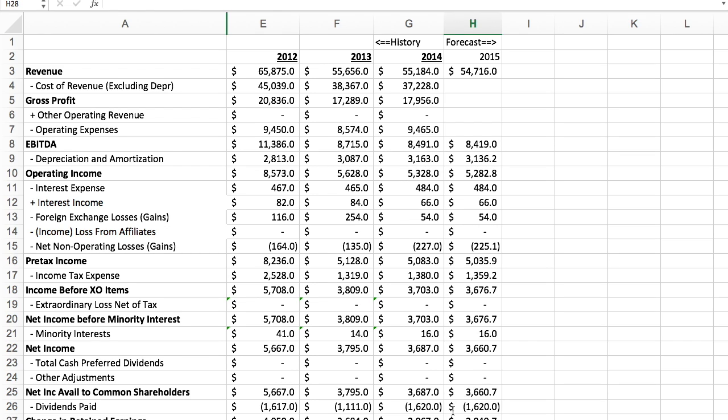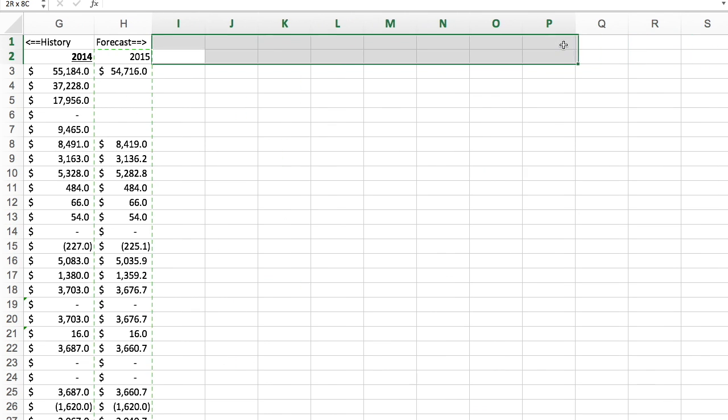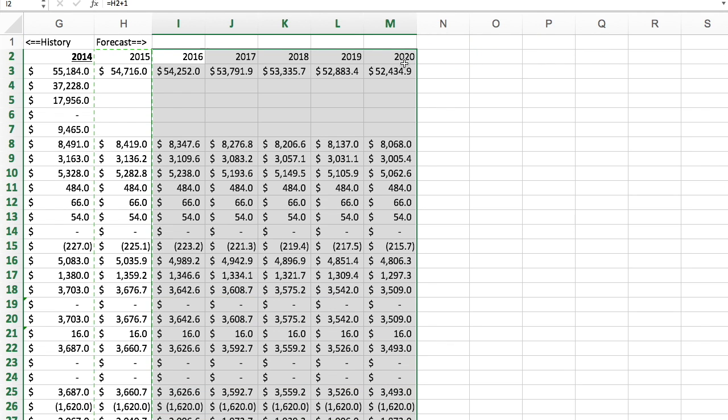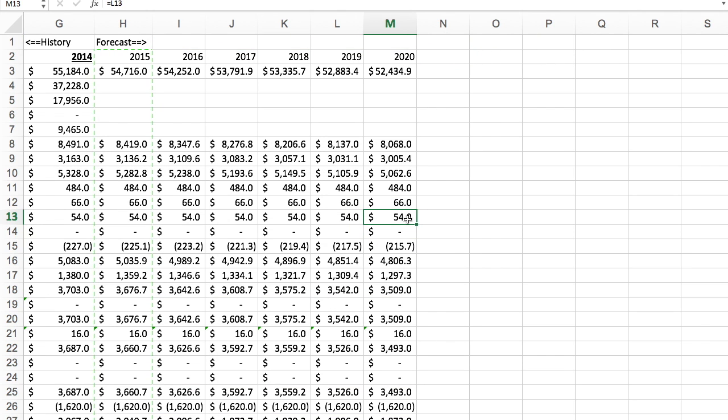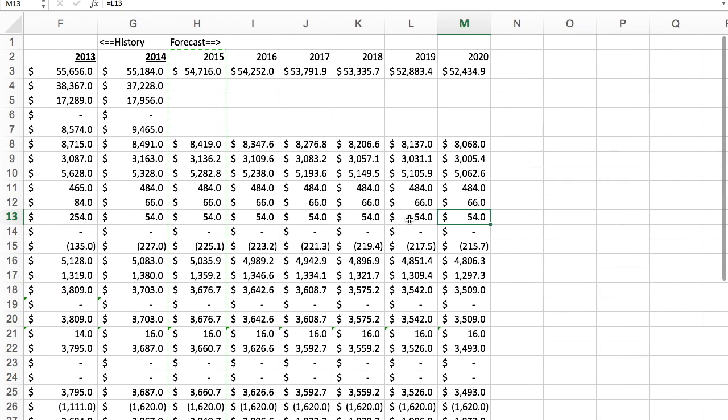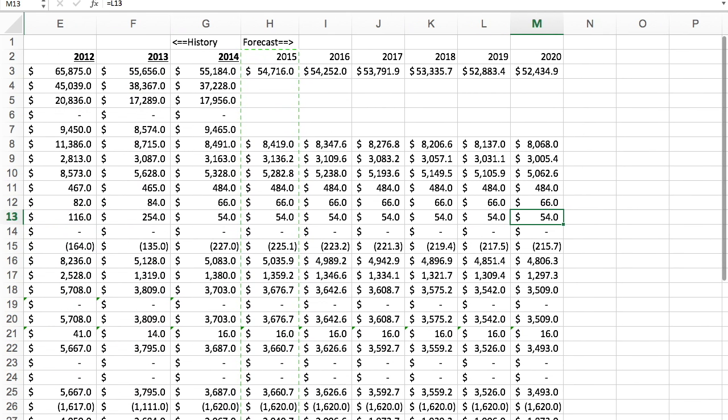Now, what we've just done is forecast the income statement and change in retained earnings for CAT for 2015. Our final step in the income statement is to take what we've just done, copy it, and paste it out to 2025 in column M. Or sorry, 2020. So I now have a forecast for the next 6 years for CAT's income statements.